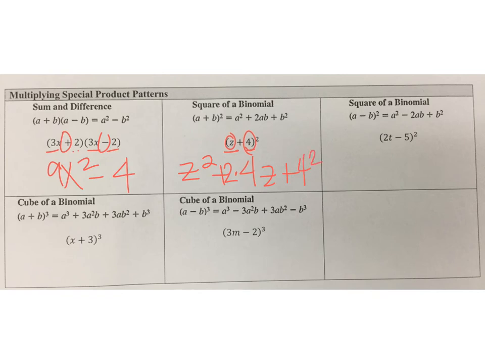Okay, so then your final polynomial would be z squared plus 8z plus 16. Little trick if you don't like writing it out 2 times.